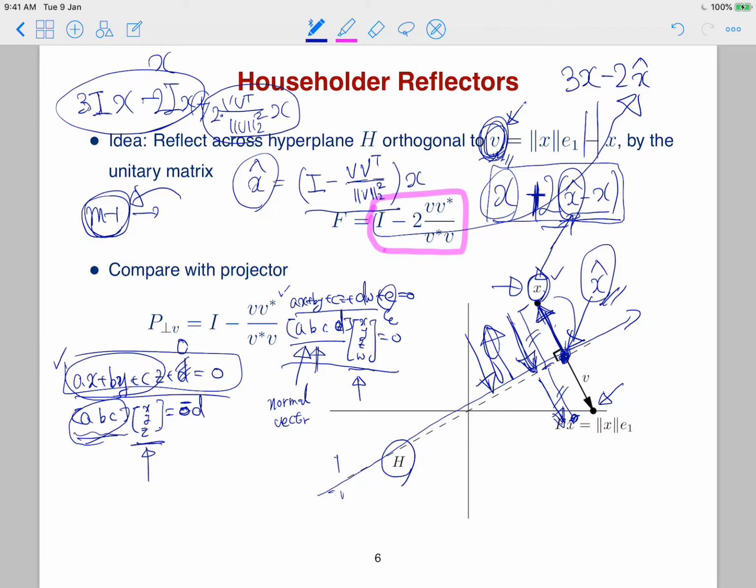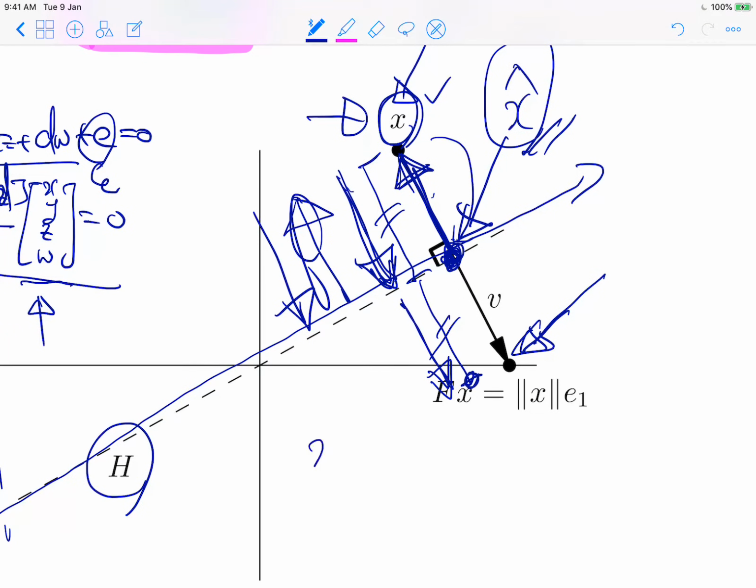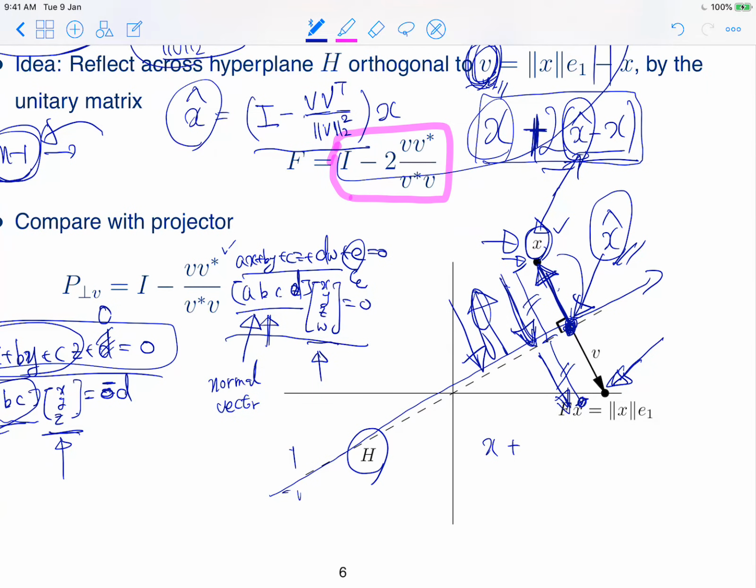If we want to obtain this reflected point, starting from this starting point, this guy is x hat minus x, right?